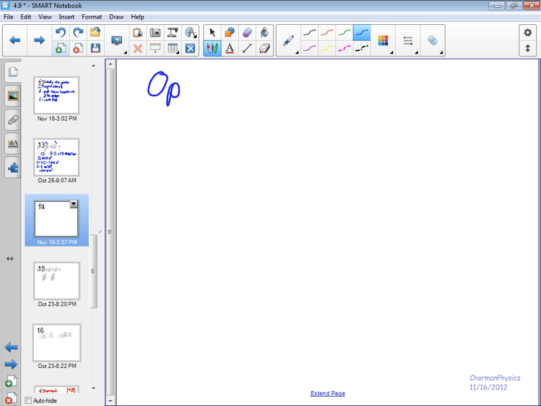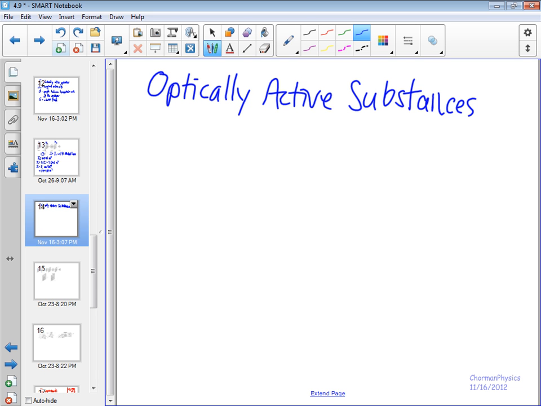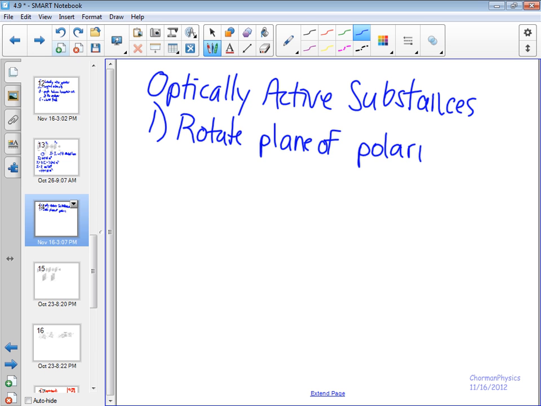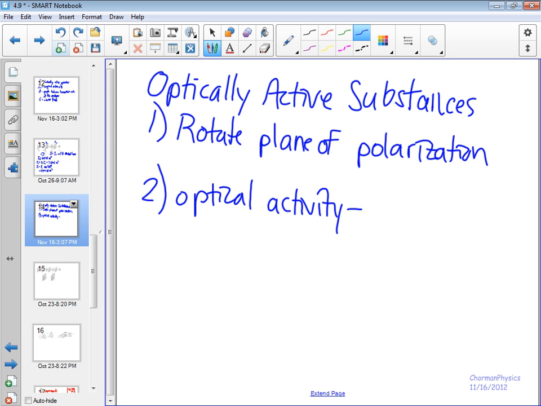Okay, and optically active substances are substances that are going to naturally, on their own, rotate the plane of polarization. And how much this is rotated defines their optical activity, or affects how much rotation there is.